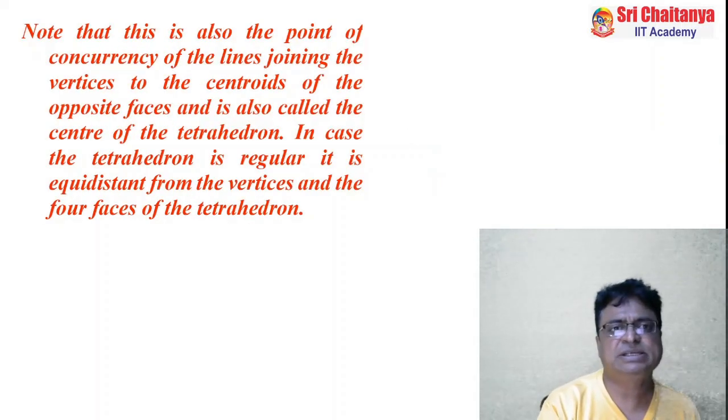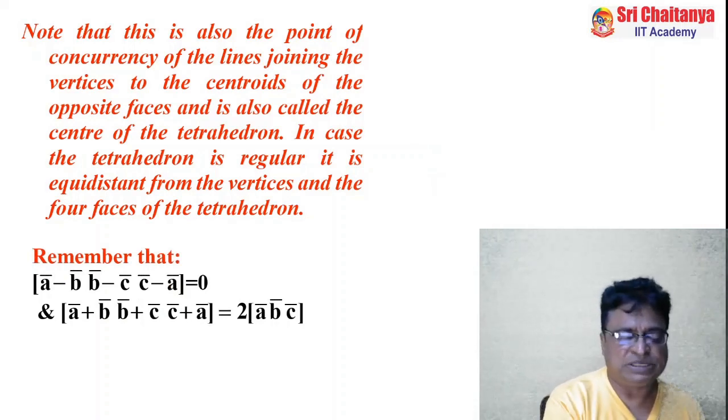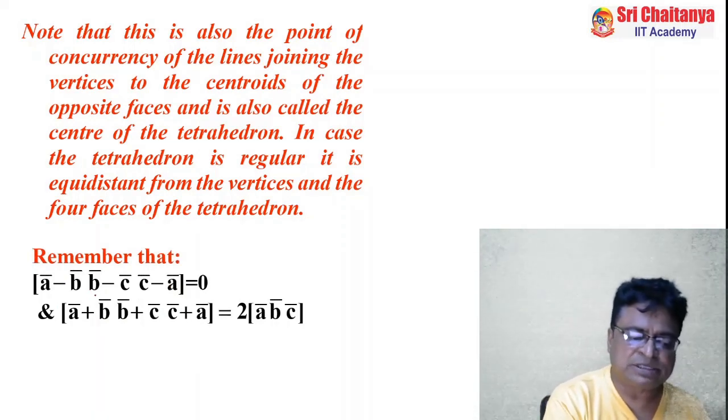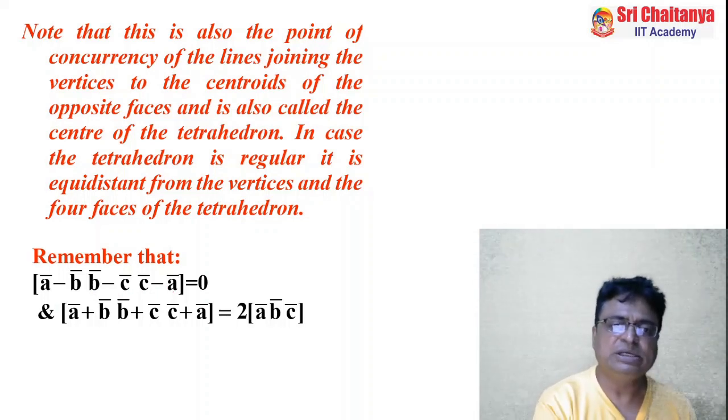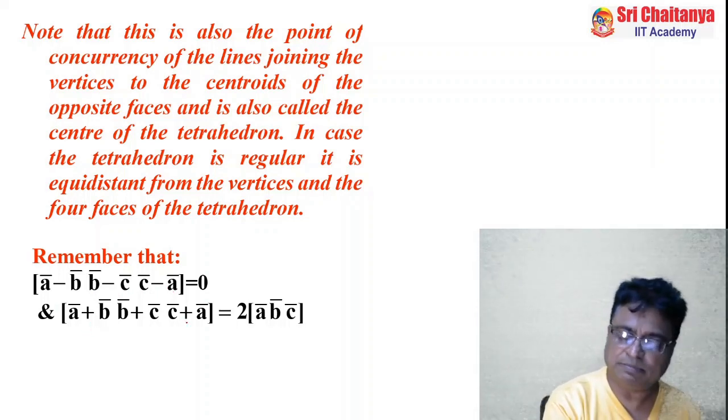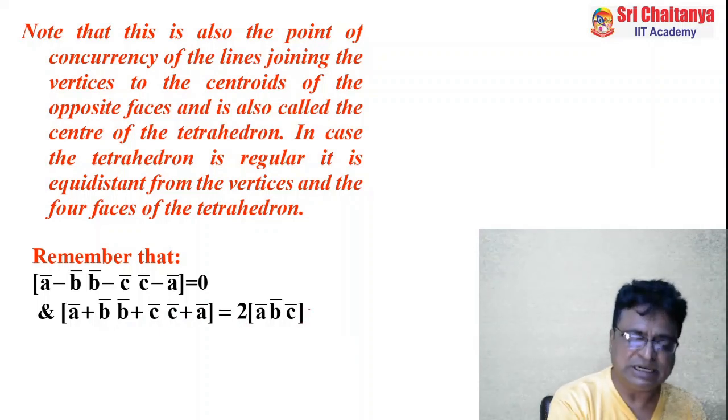Okay, my friends, see. Now, please remember, box of A bar minus B bar, B bar minus C bar, C bar minus A bar is always 0. Similarly, box of A bar plus B bar, B bar plus C bar, C bar plus A bar equals 2 into box A bar, B bar, C bar. It's simple.